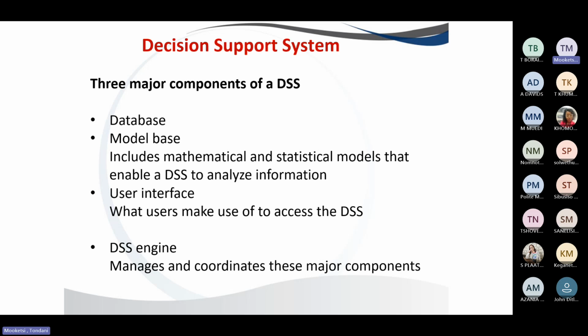I'm putting it here in the chat. So we said the major components of an information system are the database, information process, and data. So you can see the difference between the two.